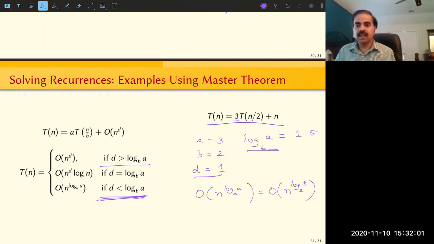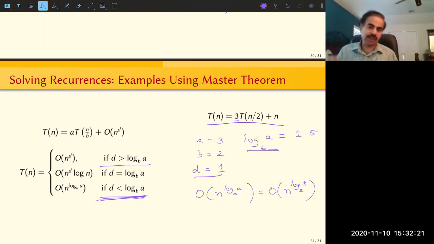So that gives you a range of techniques for solving recurrences, and by and large, you should be able to deal with most recurrences you are likely to come across using these three techniques.